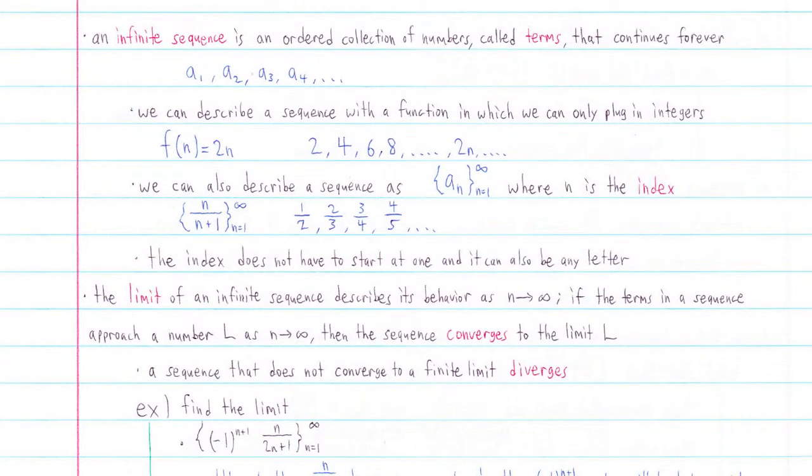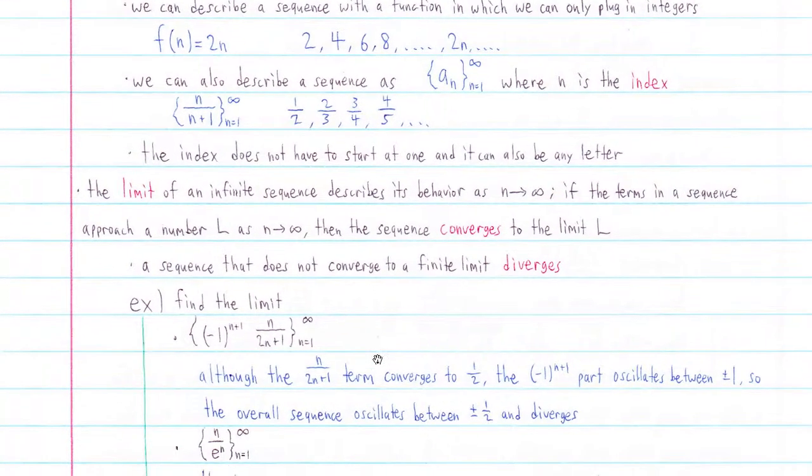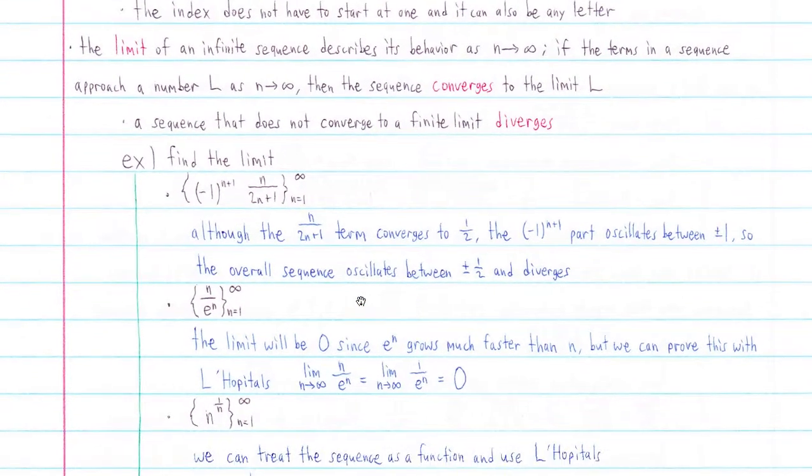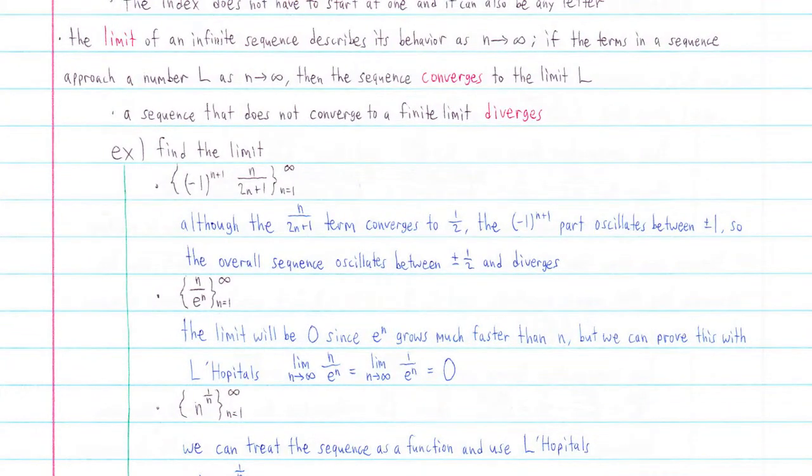So if we keep plugging in values of n, and the terms get closer and closer to one number, we say that the sequence approaches a limit. The limit of a sequence describes how it behaves as the n that we plug in approaches infinity.